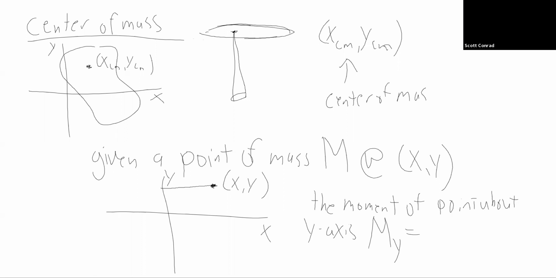It's basically just going to be the distance of your point from the y-axis times the mass. Sorry, this is maybe unfortunate notation here.